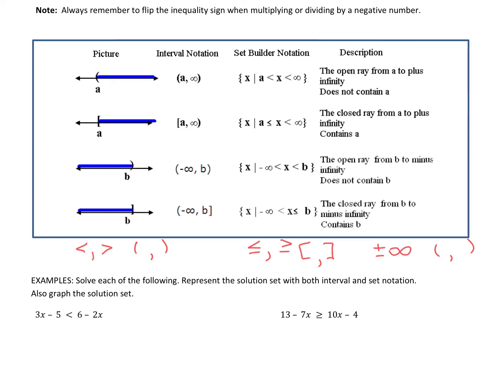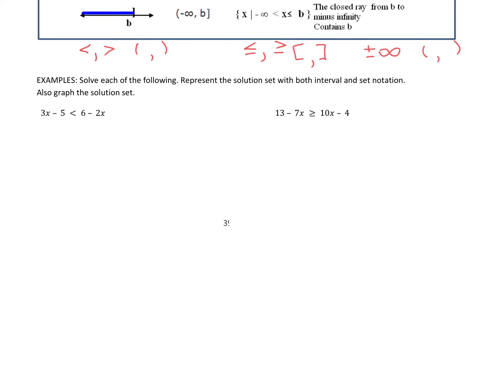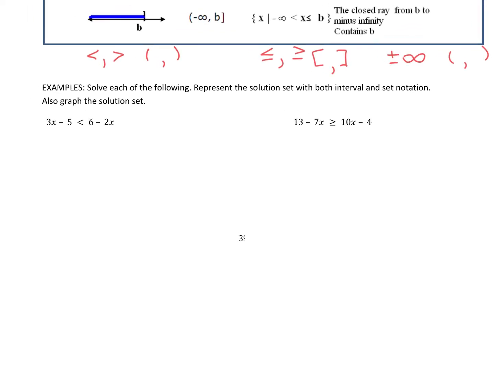For the first example, it says solve each of the following. Represent the solution set with interval notation, set notation, and also graph the solution. I like to actually graph the solution first because it helps me understand the other two. So we're going to start here with 3x minus 5 less than 6 minus 2x.